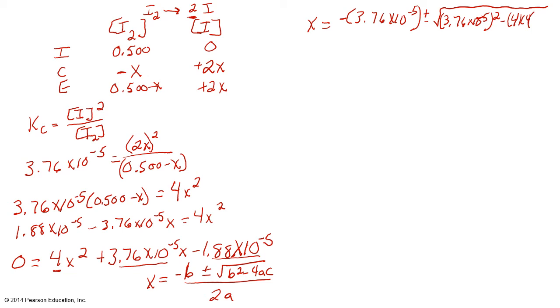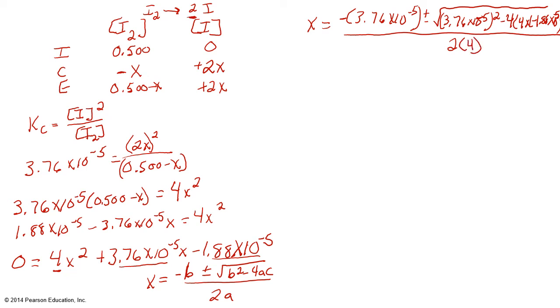Let me make that a little neater. Sorry. 4 times 4 times the negative 1.88 times 10 to the negative fifth, all over 2a, which is 8.